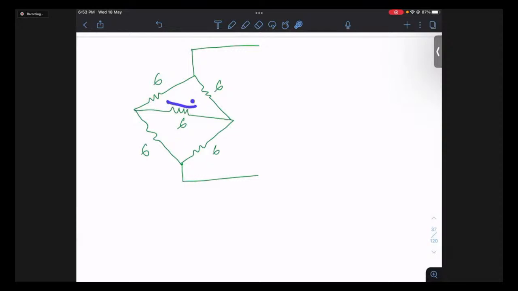This current will be nothing but the voltage divided by this 6 ohm resistor. Now what is the branch voltage? Branch voltage is the difference of the node voltages. If this node voltage and this node voltage are the same, the branch voltage is 0, and 0 by 6 becomes 0.